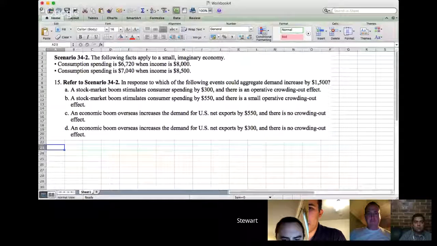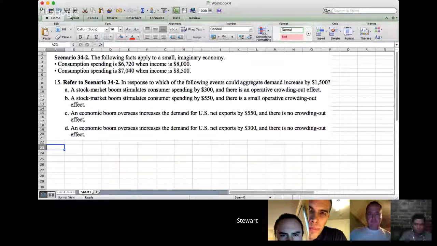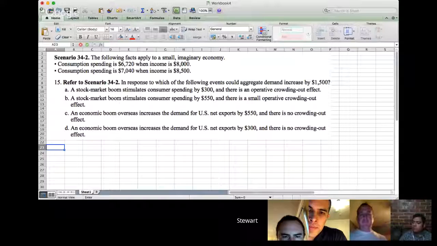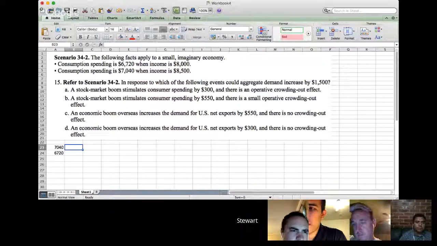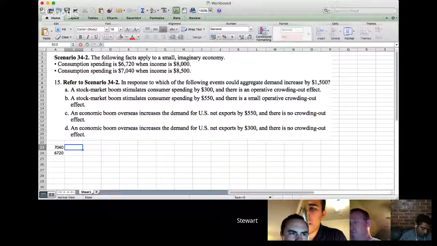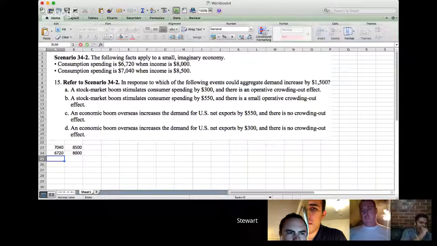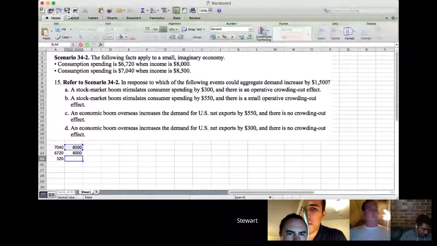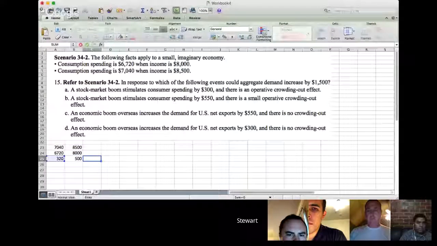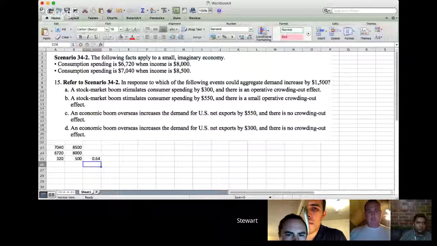Okay, can y'all see the spreadsheet? Okay, so again, we have to look at this. The new consumer spending is 7,240, and the old is 6,720, and the new income is 8,500, and the old income is 8,000. So we take the difference in spending, and then the difference in income, and we get an MPC of 0.64.